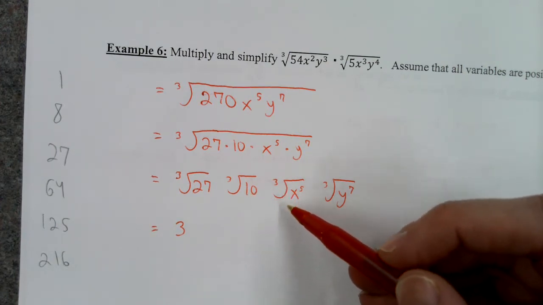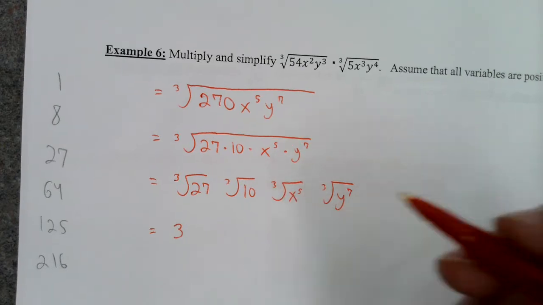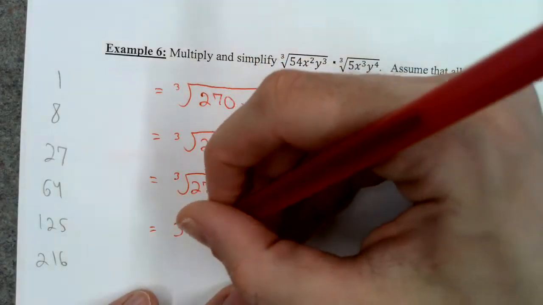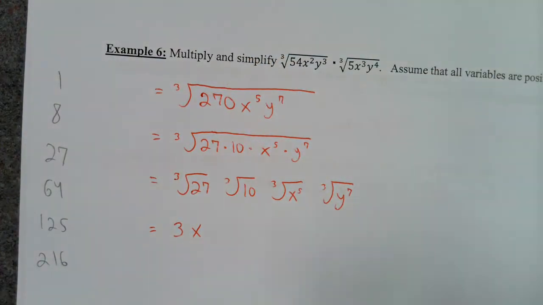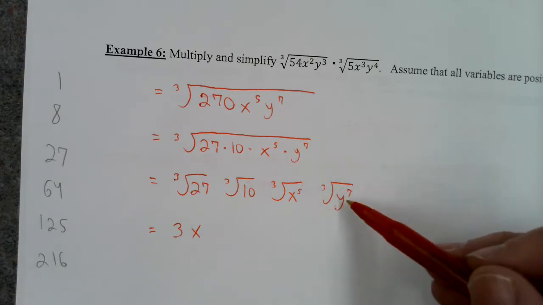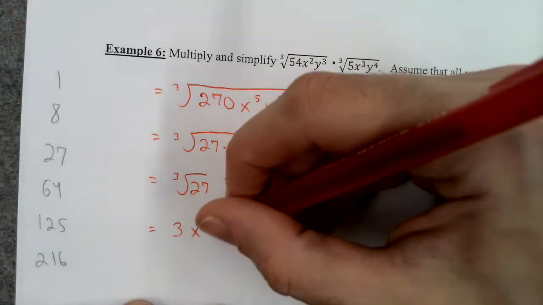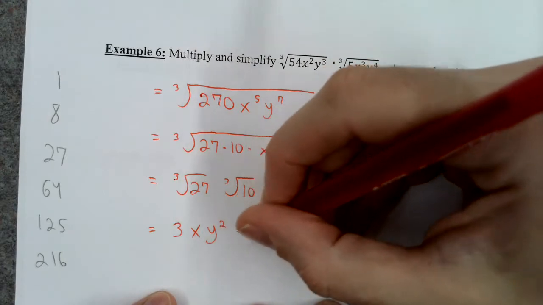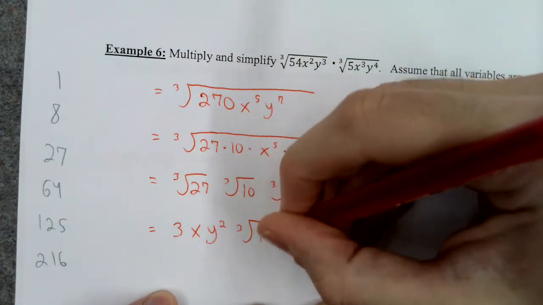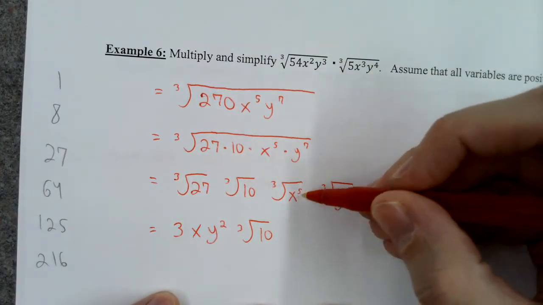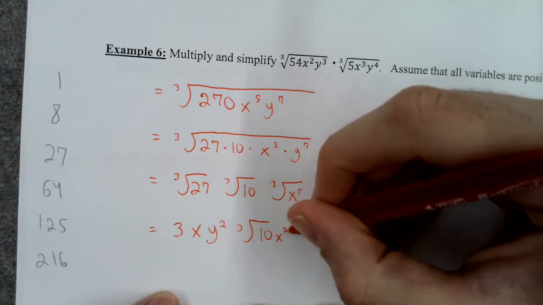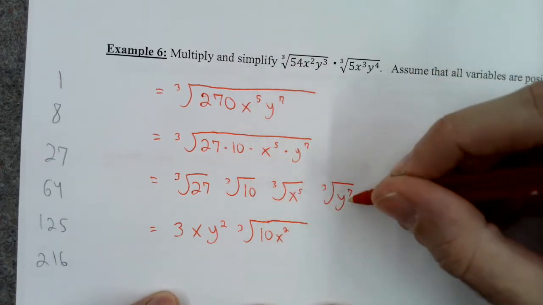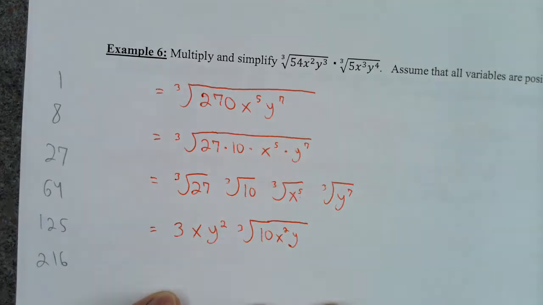The cube root of x to the 5th, you're looking for groups of 3, and you have 5 x's, so we can take out one group of 3. And for the y's, you're looking for groups of 3. We got 7, so you can take out 2 groups of 3 for the y's. What's left over under the radical: the cube root of 10 stays. We took out 3 x's, so that means there's 2 x's left over. We took out 6 y's, so it means there's 1 y left over.